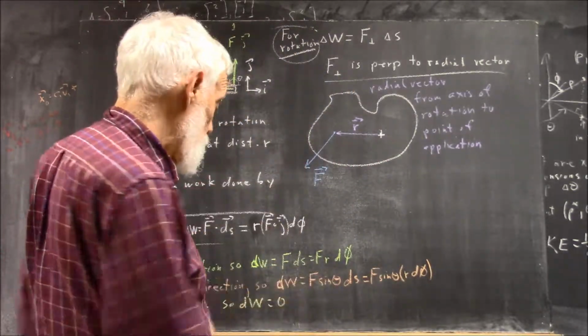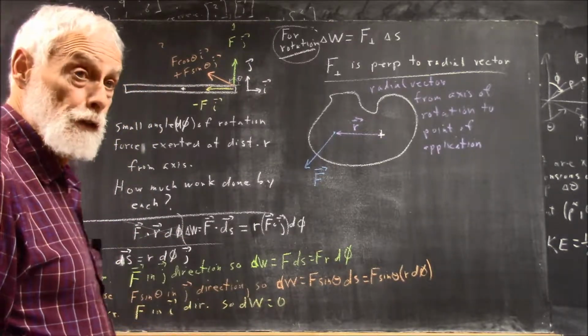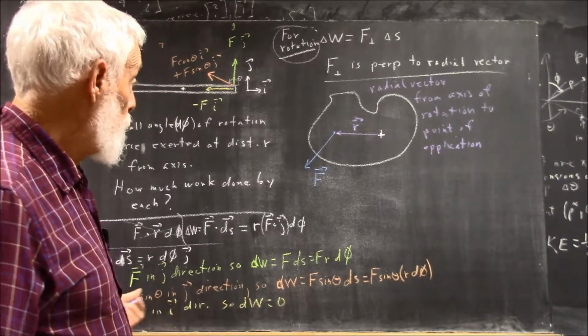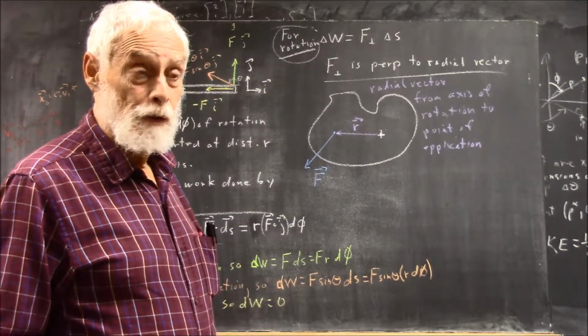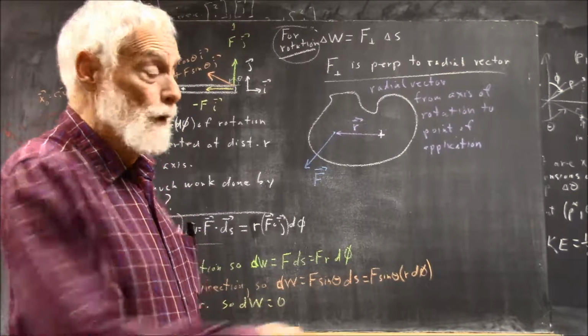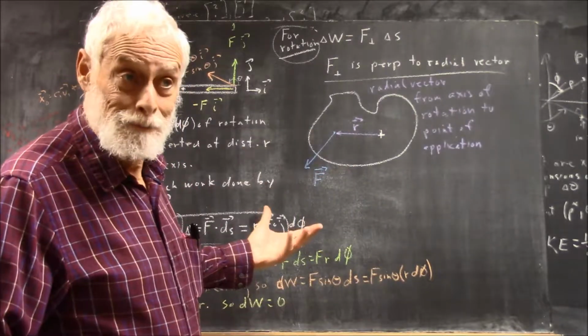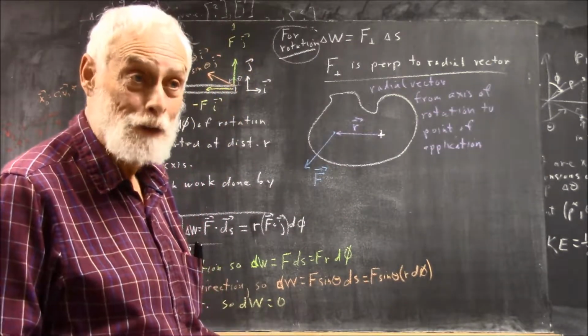Don't want to have to write out all those words, but hopefully that's understood, right? So what do we get? Well, is that going to tend to rotate this object? It's going to rotate it clockwise or counterclockwise? Clockwise. It's obvious. Okay, you've been watching forces rotate things for many labs now, okay?